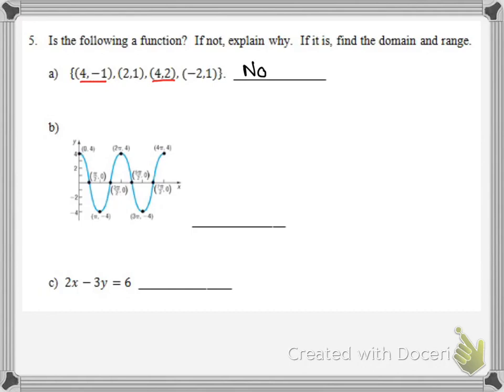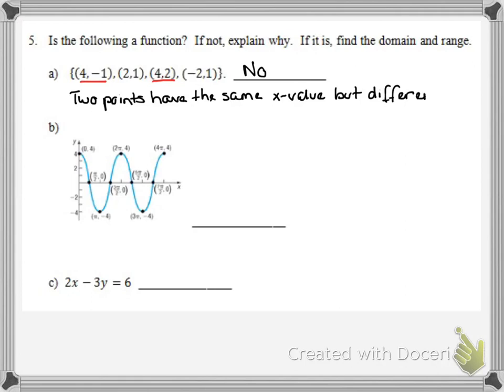So the reason it's not a function is that 2 points have the same x value, but different y values. And that is not allowed with a function. With a function, each x value is only allowed to be paired with one y value.